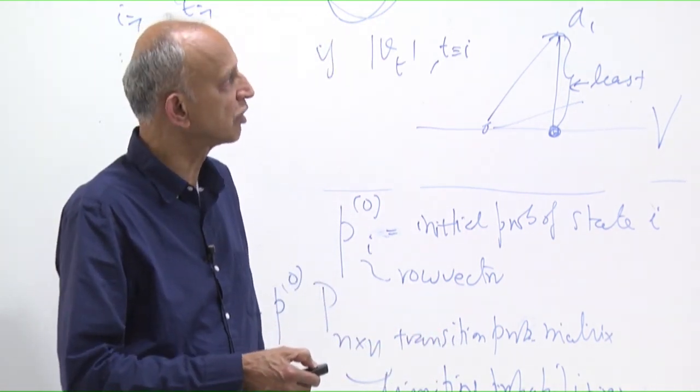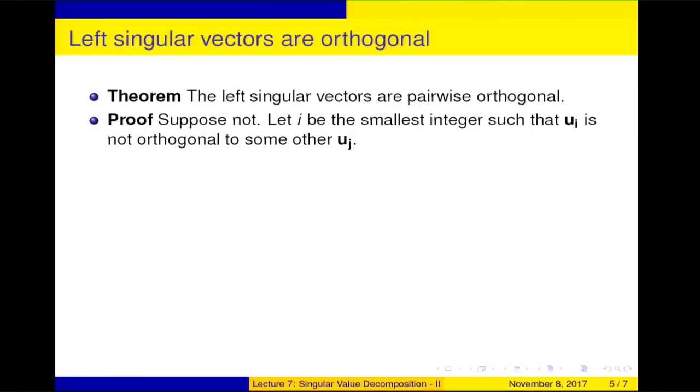Take the smallest integer i such that u_i is not orthogonal to some other u_j. Now we want to assume that actually they make a positive dot product. I just assumed they were not orthogonal, but it may be that they make a negative dot product. But I want to really assume they make a positive dot product for the argument.